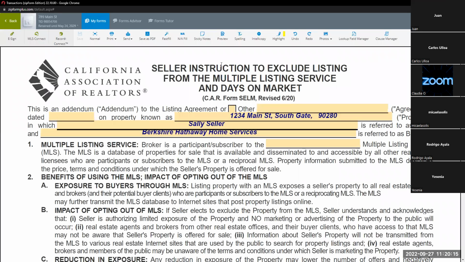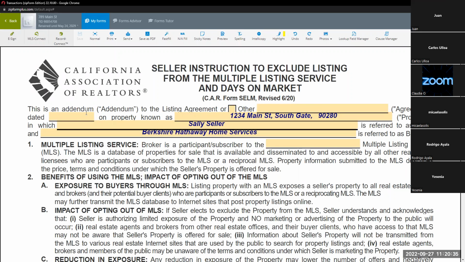This is the form we have to use to exclude it from the MLS for days, to a date, or for the entire listing period. So, seller's instructions to exclude listing from the multiple listing service and days on the market.